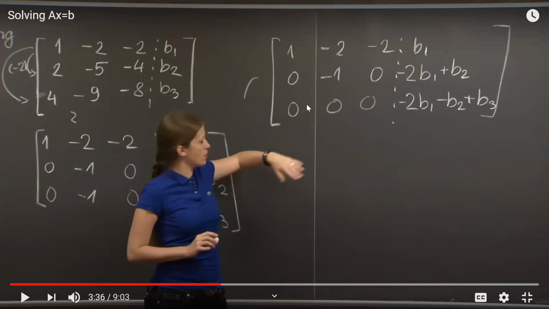So if you look into the very last row, and if I convert this very last row into a linear equation, then it will become 0x plus 0y plus 0z equal to minus 2b1 minus b2 plus b3.